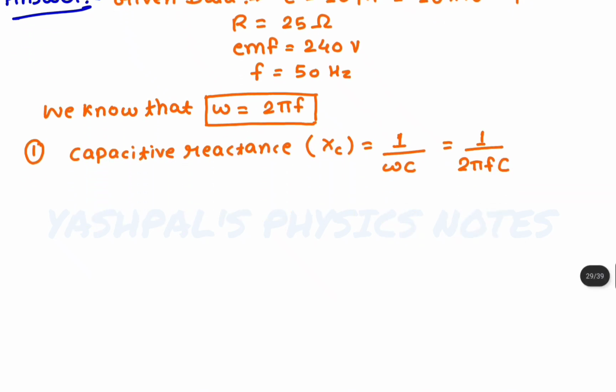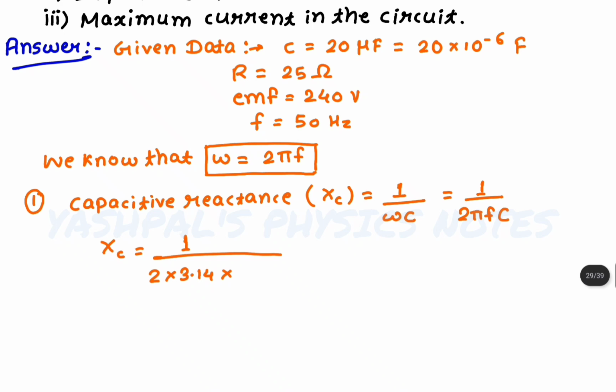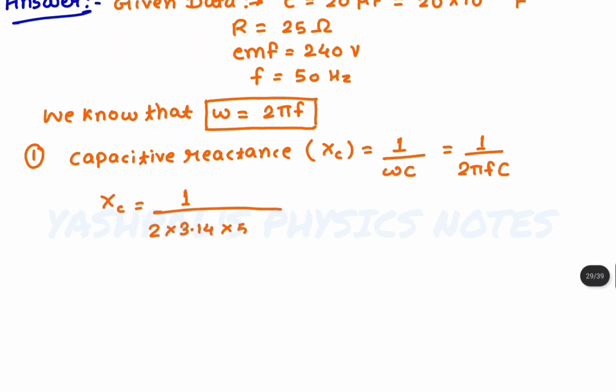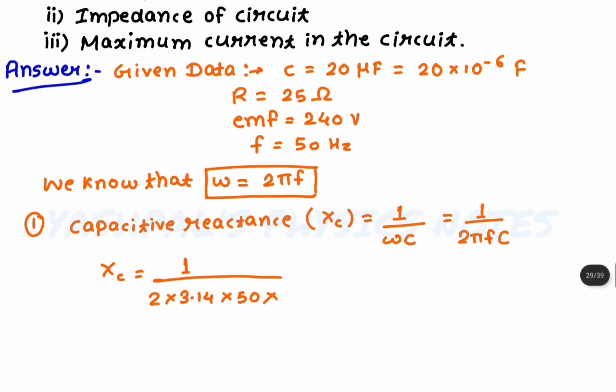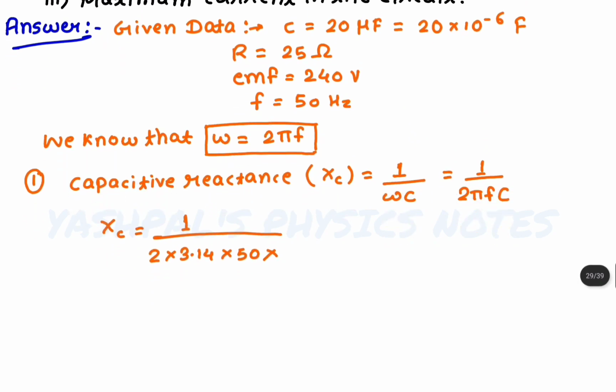Okay, now we are going to substitute the values. 1 upon 2 as it is, value of pi is 3.14, frequency are given as f is equals to 50 hertz, into capacitance we have found as 20 into 10 to the power minus 6 farad.